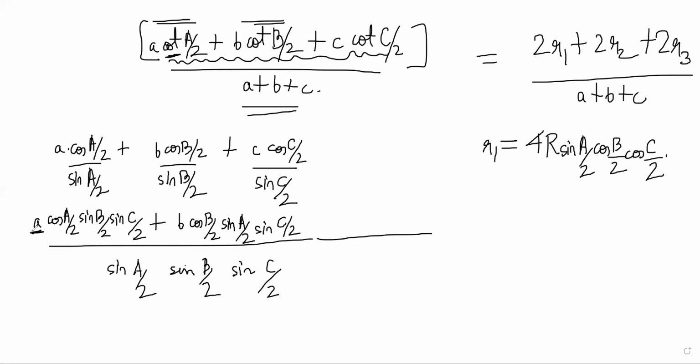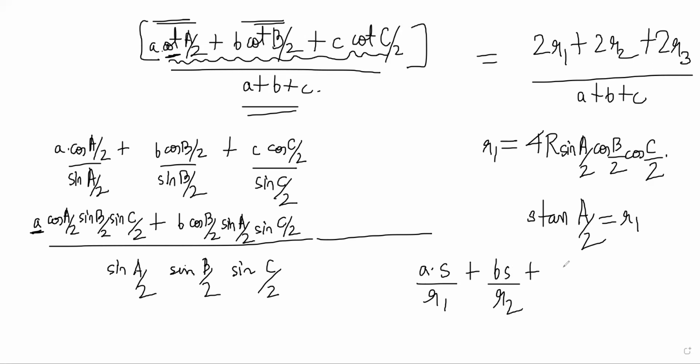So can we use the fact that R1 is S tan A by 2, then cot A by 2 would be S upon R1. We know that R1 equals S tan A by 2, so tan A by 2 is R1 upon S, and cot A by 2 will be S upon R1. So we'll have A S by R1 plus B S by R2 plus C S by R3, right?